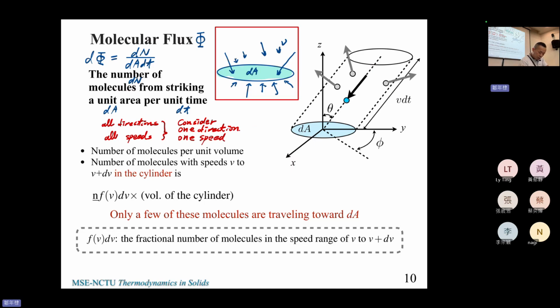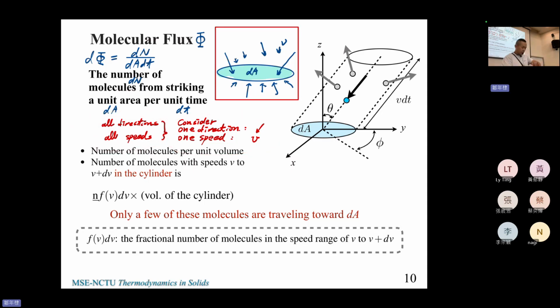We only consider this direction and this velocity first. I only consider this V first, and after we consider this, then we consider all directions, all speeds.